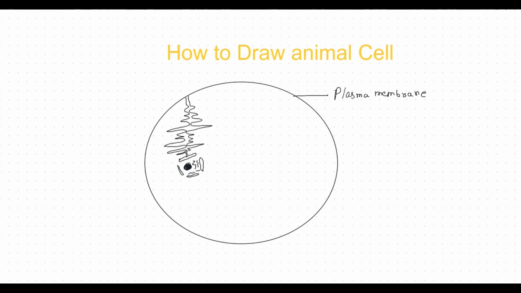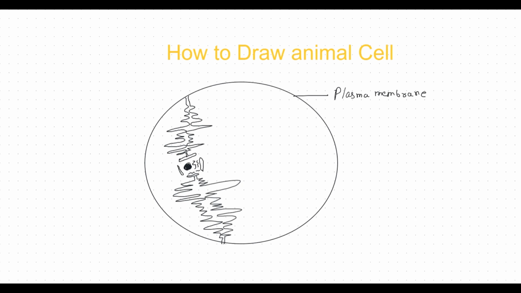Try to draw it that way, because the endoplasmic reticulum is mostly related to transport. So we are going to draw two ERs: one to represent the smooth endoplasmic reticulum and one to represent the rough endoplasmic reticulum. Now the structure is done.